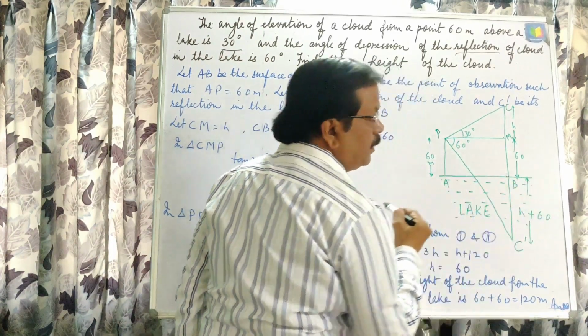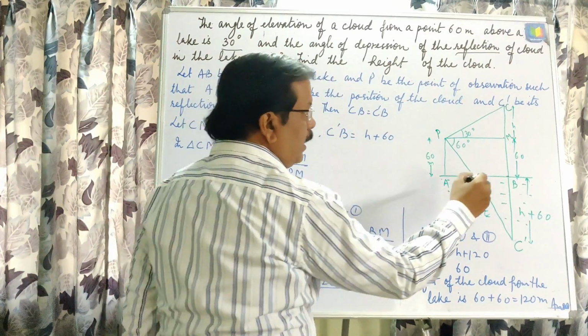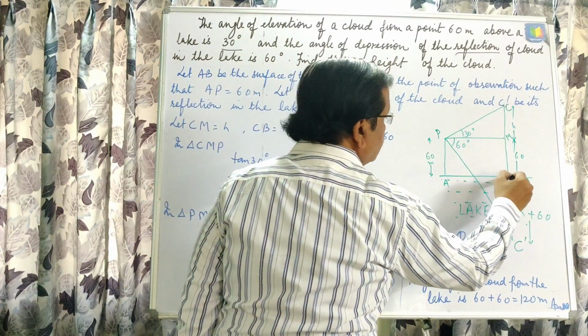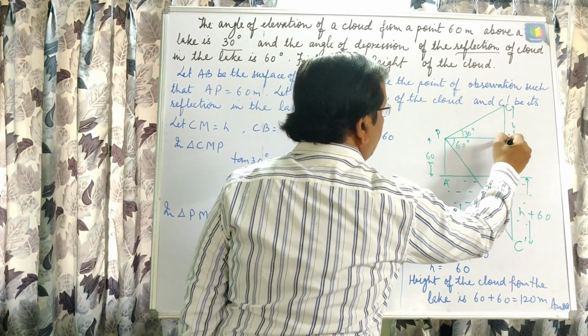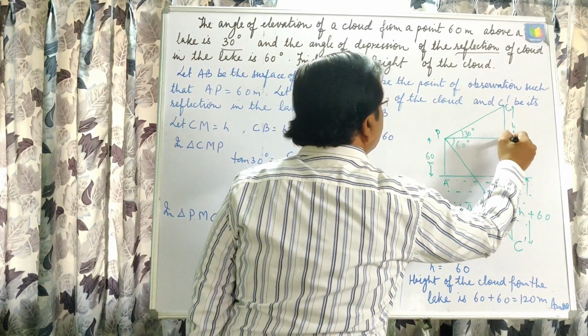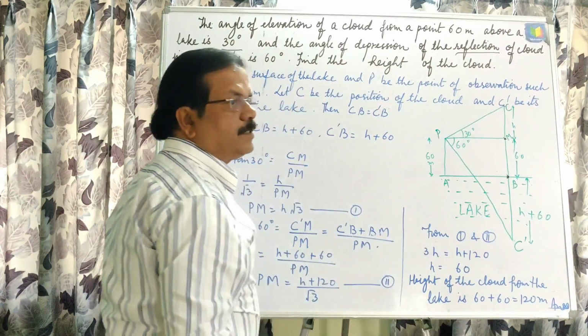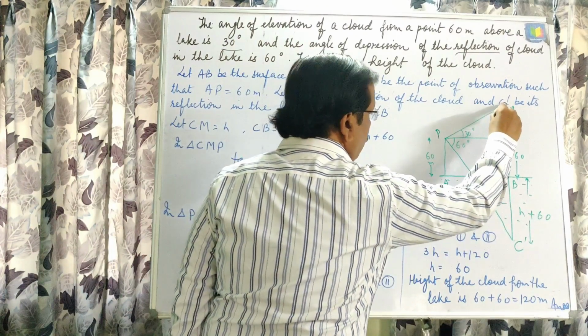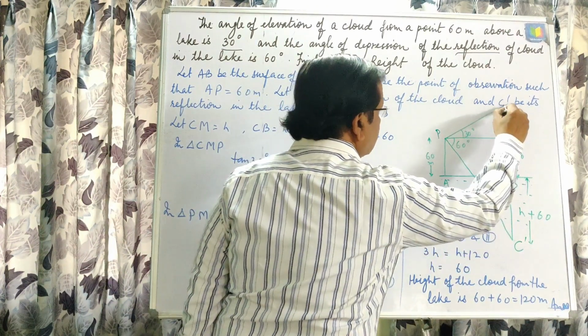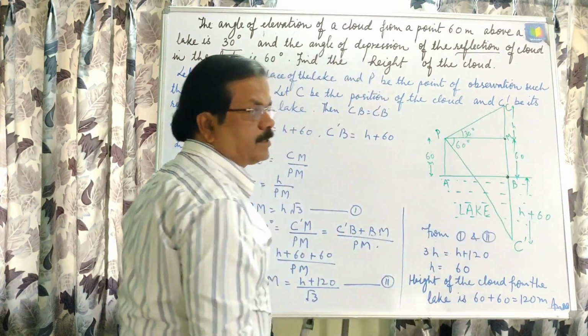AB is the lake. You can see this is the lake. From this lake surface, we are taking 60 meter. Then from this 60 meter, the height of the cloud is h meter. So in all we can say from the surface of the lake, this cloud is h plus 60 meter.